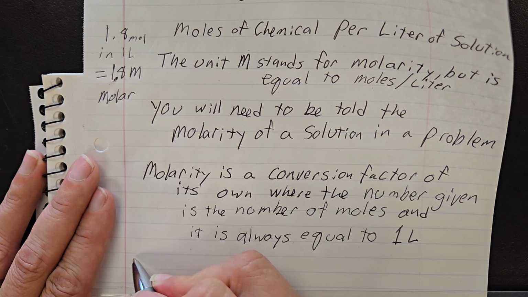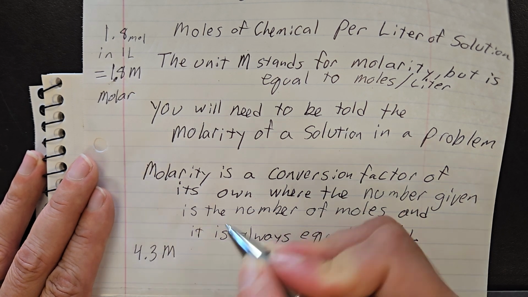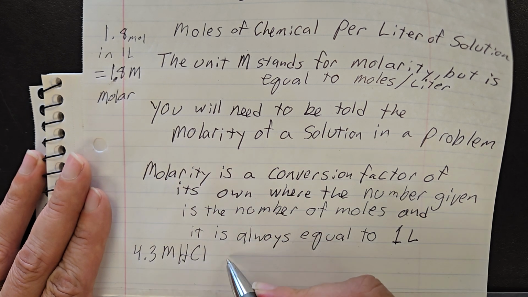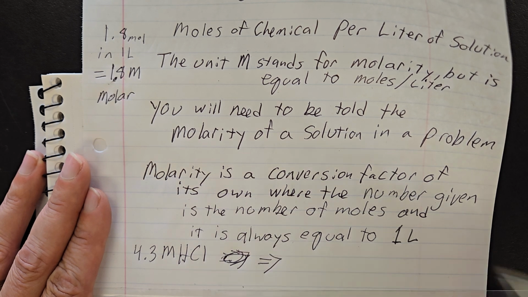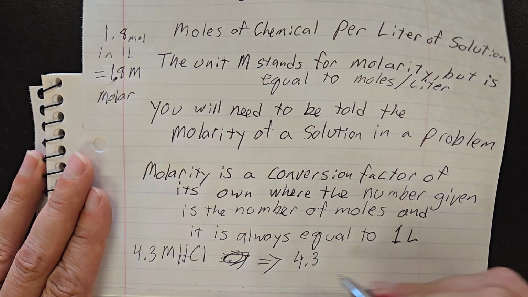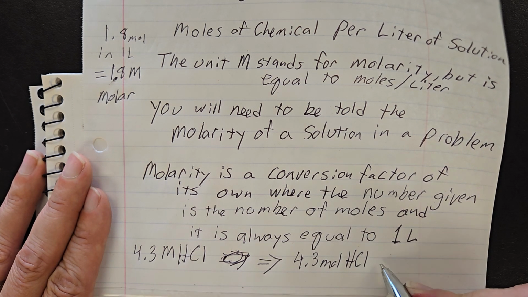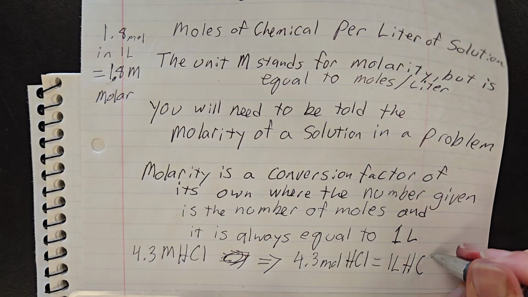So if I say that we've got 4.3 molar HCl, that means I have 4.3 moles of HCl is equal to 1 liter of HCl.